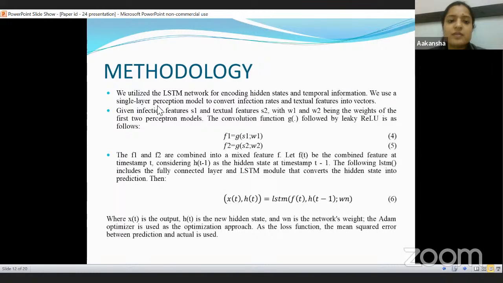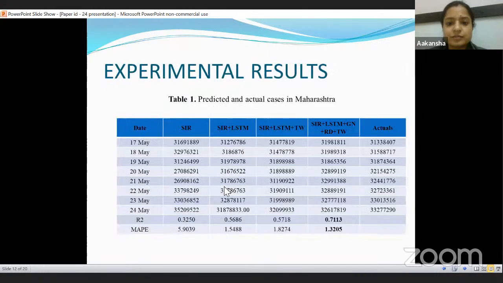In our model, we used the single layer perceptron model to convert the infection rate and the textual features into vectors. These are the functions that were used for the LSTM model, and the activation function that we used in our model was the leaky ReLU function.